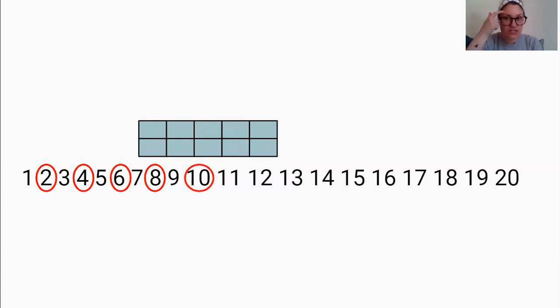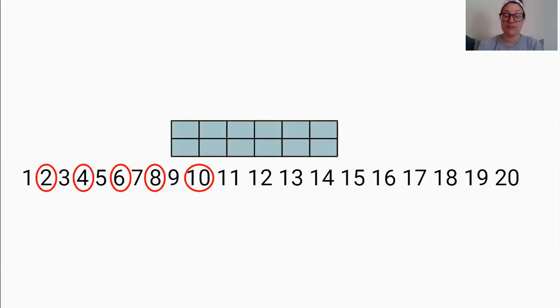Okay, use those thinking brains. Which number am I going to show you next? If you said 12, you are correct. There are 1, 2, 3, 4, 5, 6, 7, 8, 9, 10, 11, 12 square tiles. How many rows are in this array? Right, rows go side to side. There are 2 rows. How many square tiles in each row?